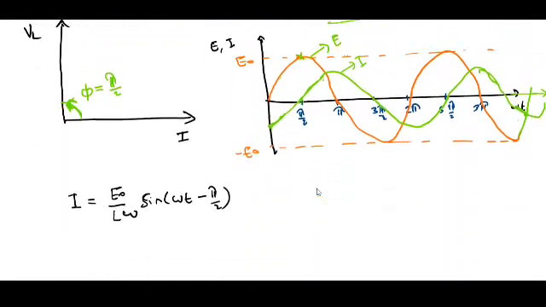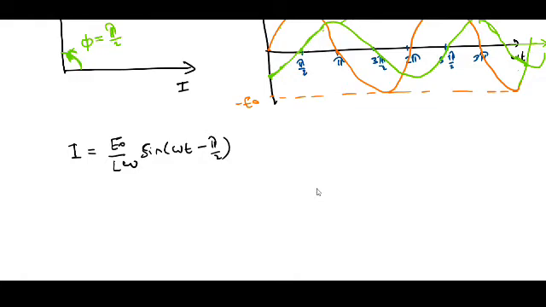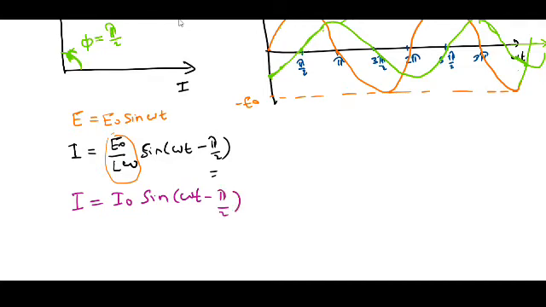That is, the current lags behind the voltage by π/2, or the voltage leads the current by an angle π/2. E was E0 sin omega t. Here we have written this E0 by L omega as I0. This I is equal to I0 sin(omega t minus π/2). That is, I0 is E0 by L omega.